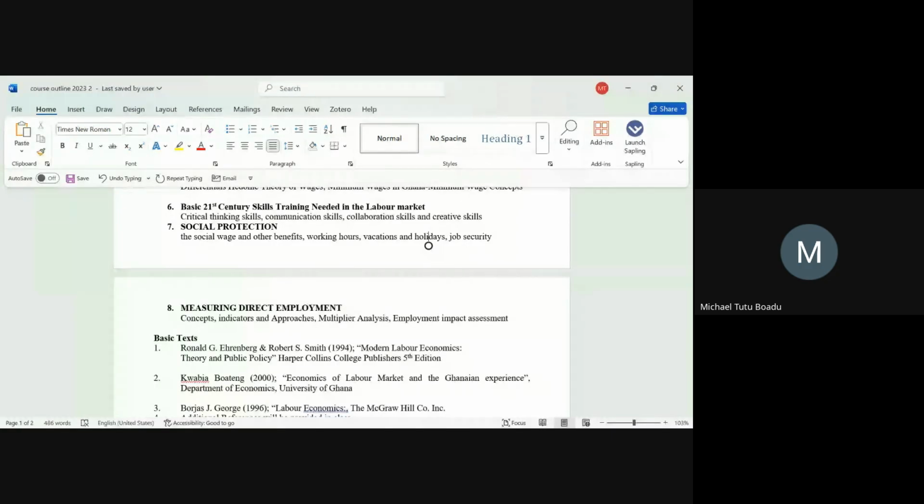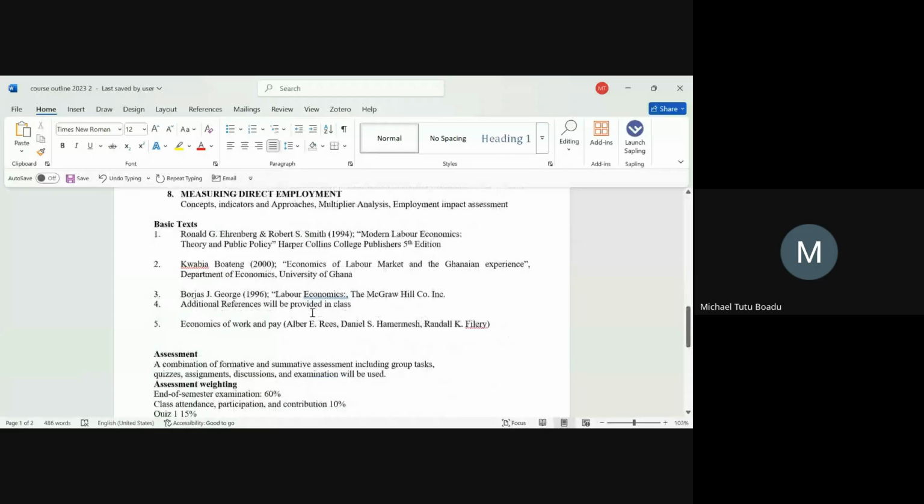These are some of the simulations that were done to be able to know how much I should spend in an economy if I have to create a certain number of jobs or a certain number of employment. We'll look at that practically using Excel.